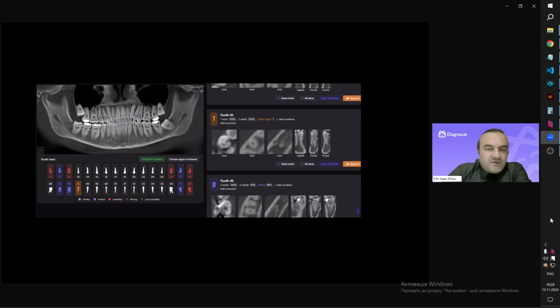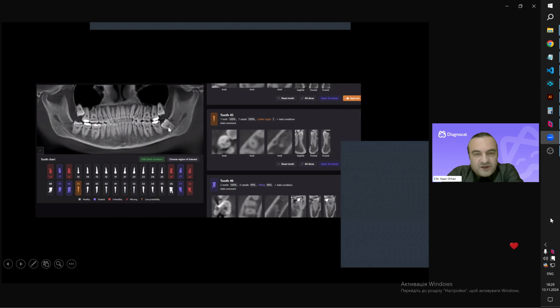Let me show you a couple of examples again from the impacted teeth. Here is a CBCT volume, and the OPG was reconstructed from the CBCT volume. There is an impacted 38 here, and we would like to know about the connection between the teeth and the mandibular canal, together with the 48. Now, check this out.